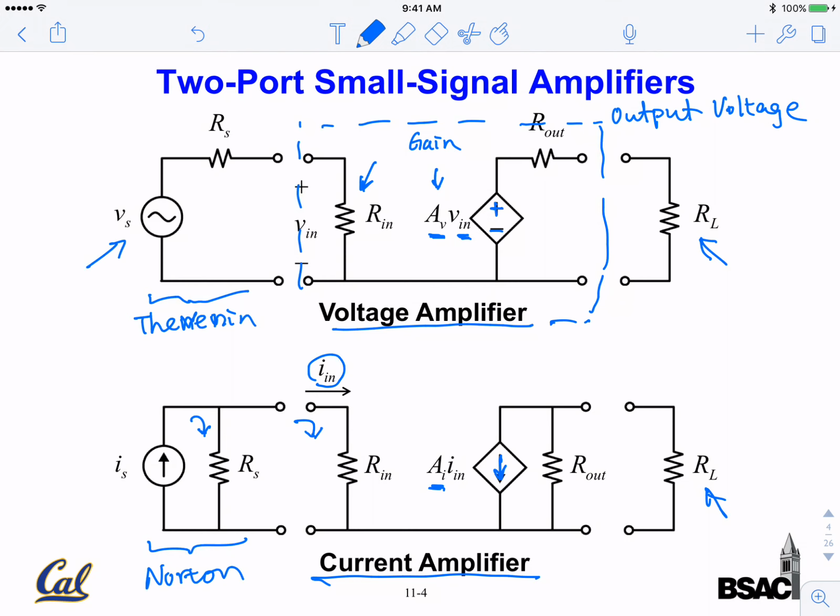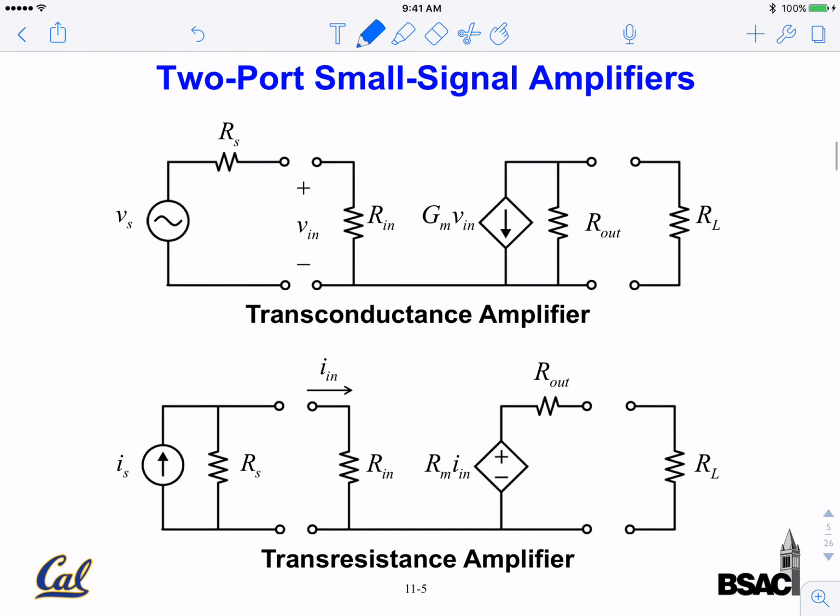So aside from these two, which convert the same quantity to usually a larger quantity, we also have the cross type. So we have voltage in, but output we are mostly interested in current out, okay?